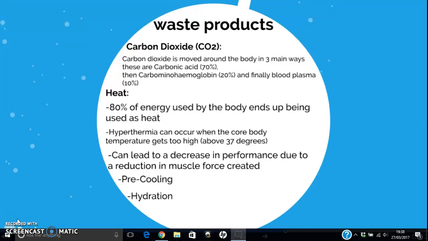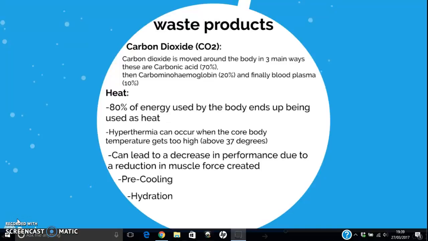Now moving more onto the recovery side of things, one thing that people might do after this is pre-cooling, where they look to cool their body temperature down, so this might be done through vests and that, to ensure that the body temperature begins low, so as it rises it doesn't become a hindrance on performance.